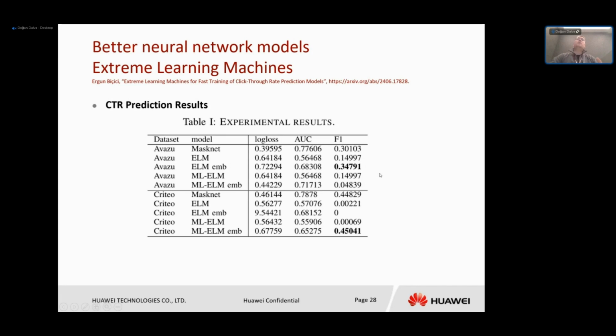There is a trade-off. So if you want a fast model with performance close to the best model, you can use ELM or multi-layer ELM with embeddings, transforming the input or not, and you can use ELM for fast experimentation and fast results.